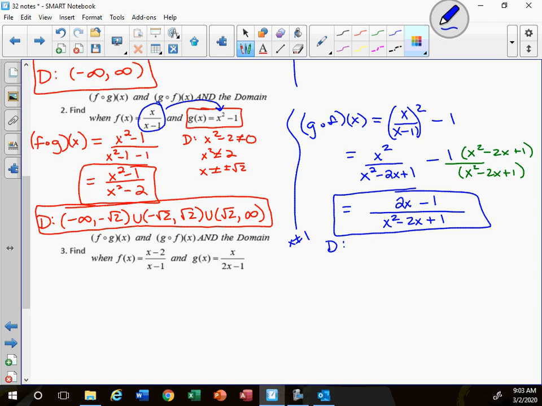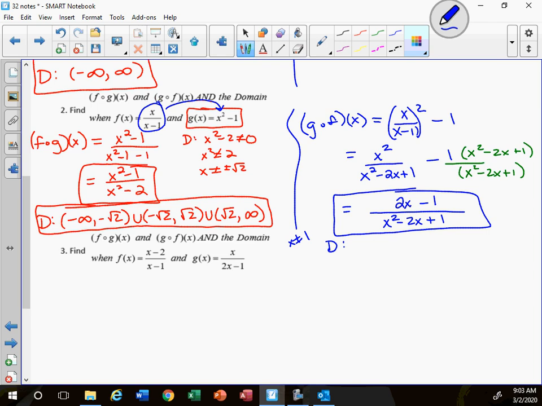So again, all we care about is the denominator. You can factor it or go back to what it was before you multiplied it out, right? What can x not equal based on that denominator? Isn't it back to what we started with here? Okay, so still x could not equal 1, right?